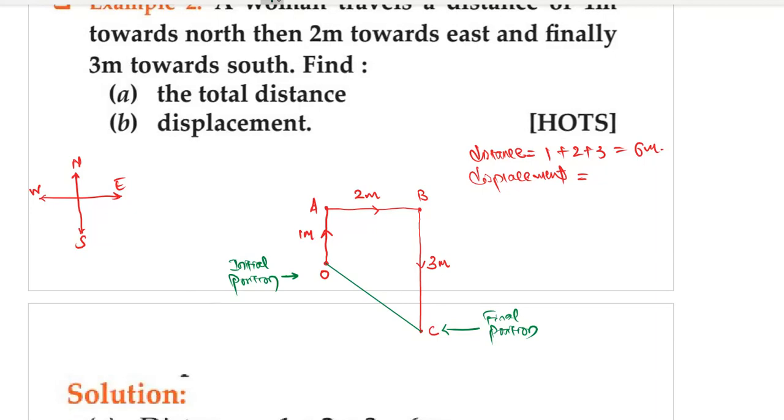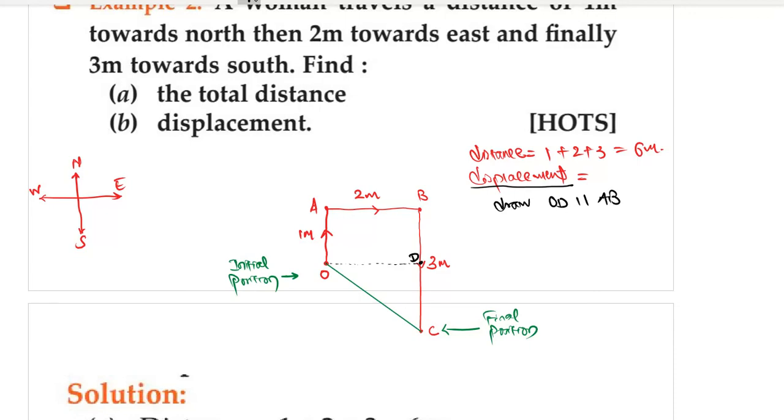For this, I need to draw some constructions. First, I will draw a parallel line from O, parallel to AB, to meet BC at one point D. For displacement, we cannot do it directly, so first we draw OD parallel to AB.